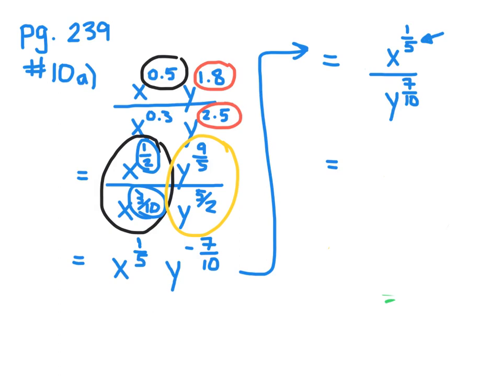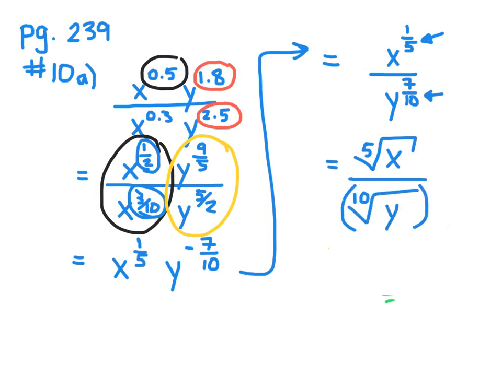So remember what that means. That actually means the fifth root of x to the power of 1, because there's a 1 at the top. But I'm not going to write that one. That's just an obvious thing. And on the bottom, of course, this is the 10th root of y to the power of 7.